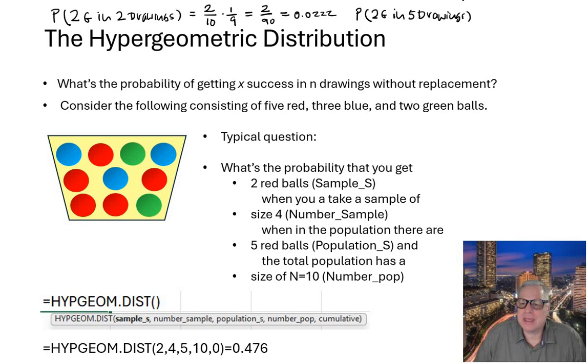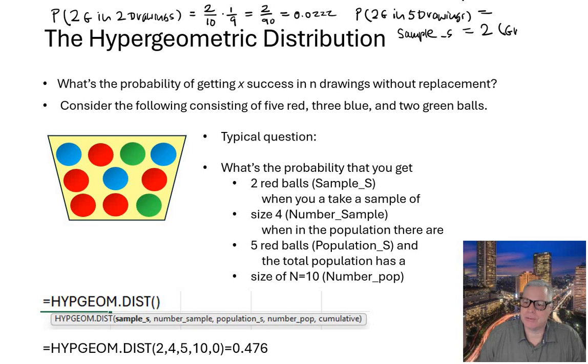In this case, if you take a look at this one, Excel wants to know the sample S. In Excel language, sample S is the number of successes. In our case, we want the 2 green balls, so 2.